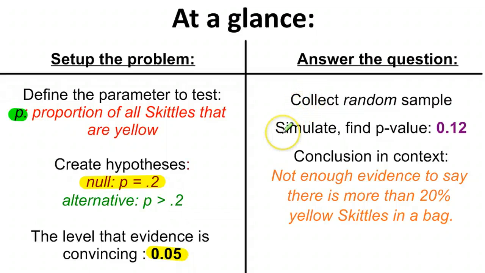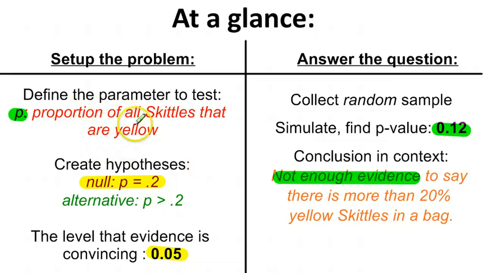And then we plugged it into the StatKey simulator. And what we found was a p-value of about 12%, just under 12%. So that means there is a 12% chance that we would see data like this if the null were really true. Therefore, that's not enough evidence to say that there's more than 20% yellow Skittles in a bag.